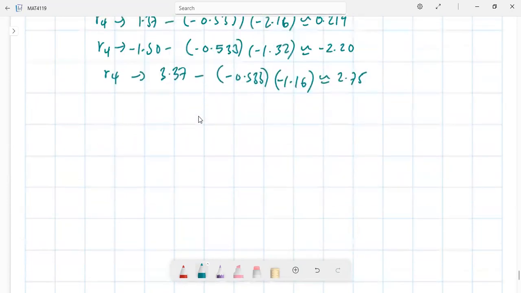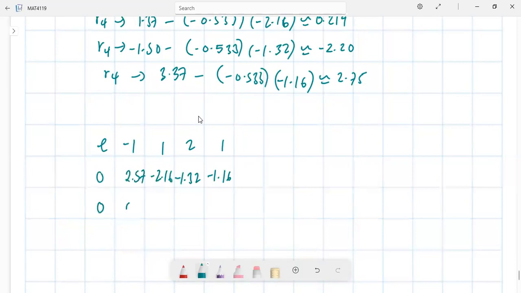So remember that the first row is still the same, nothing has changed about it. So I have 1, negative 1, 1, 2, 1, and then 0. Also the second row hasn't changed: 2.57, negative 2.16, negative 1.32, negative 1.16. What has changed now is row 3. So 0, 0, this will become 0.